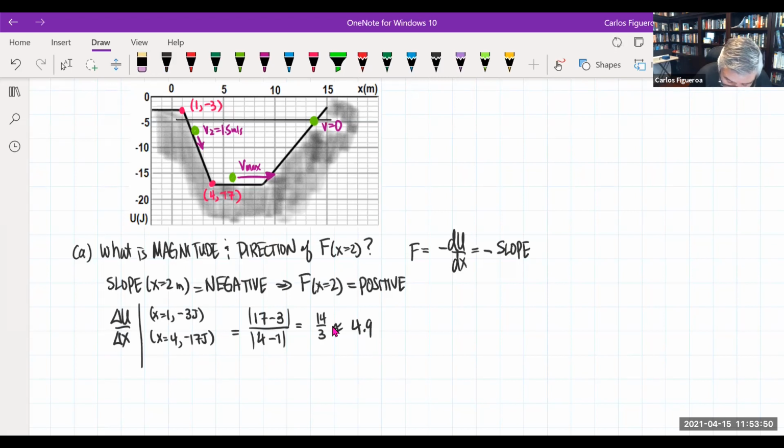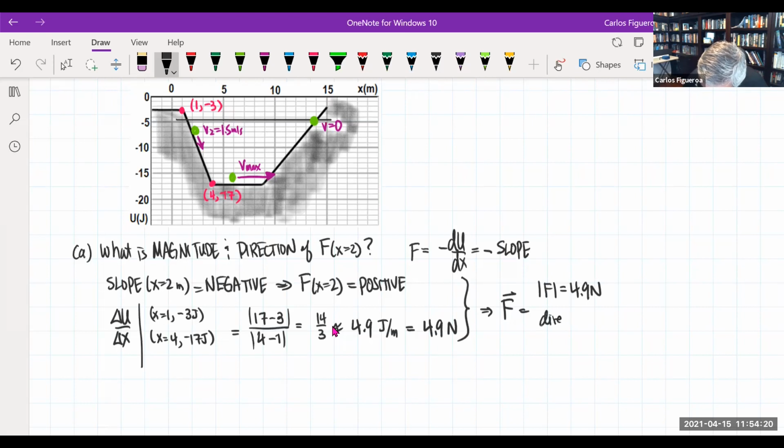Well, it's going to be 4.9 joules per meter, which is 4.9 newtons. And so if I now combine these two, we see that our force is going to have a magnitude of 4.9 newtons, and its direction is in the positive x direction.